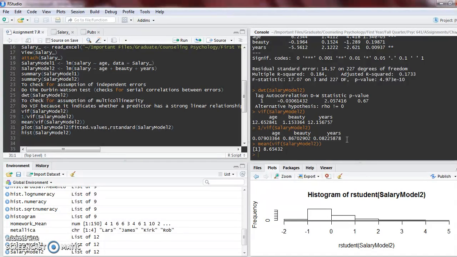Looking at it right now, age has the bigger VIF value, so we've got to be worried.